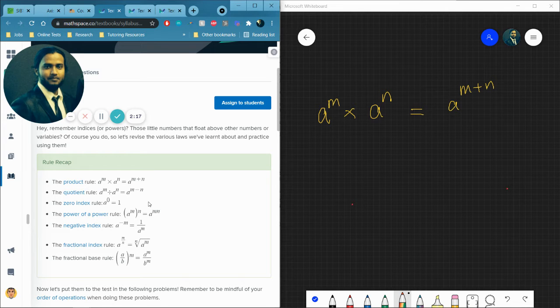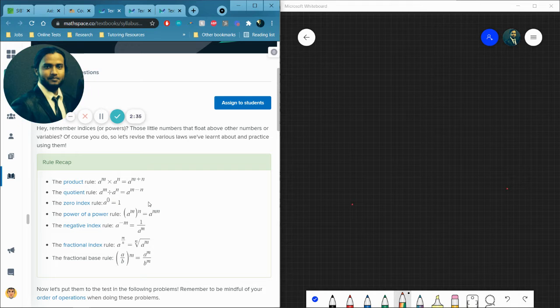For example, if you have 2 to the power 5 multiplied by 2 to the power 7, it's the same as 2 to the power 5 plus 7. Power gets added, so it's 2 to the power 12. So that's the product rule, straightforward.